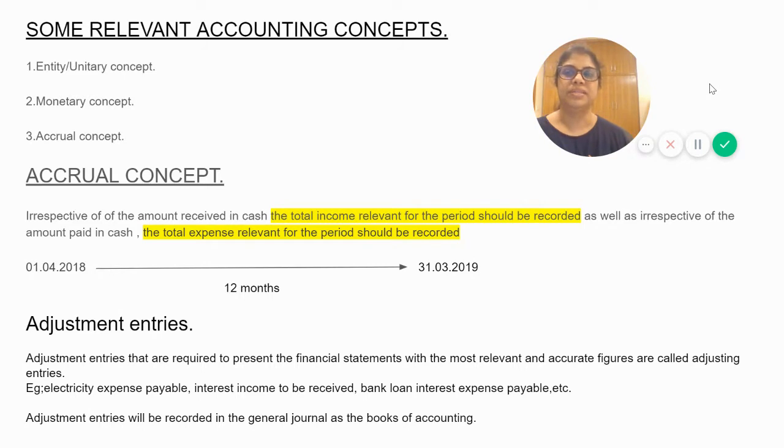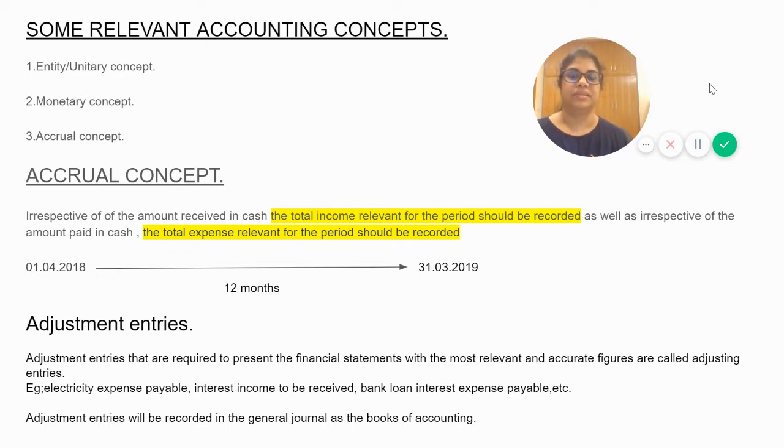The first one is the entity or the unitary concept. What it means is the business, as one unit or one entity, has a separate existence from the owners.